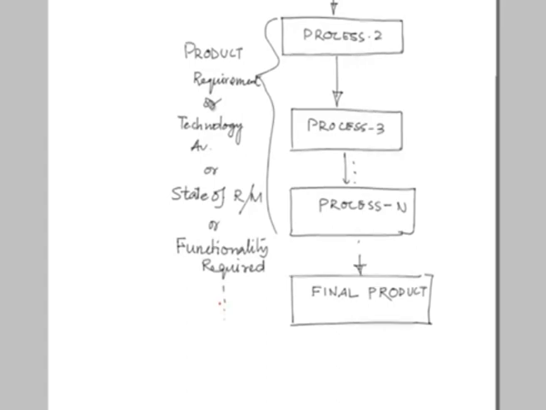These are some of the major factors that will govern how many stages or how many processing stages a particular raw material should go through to arrive at or come to the final product stage, like here.